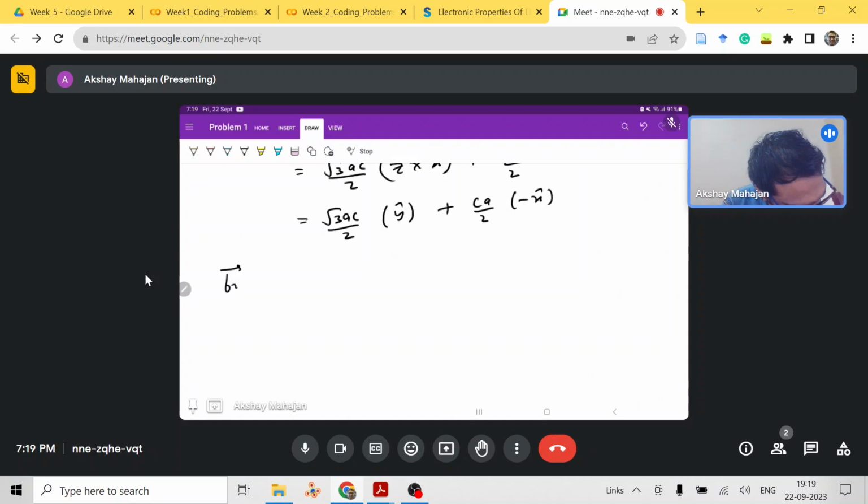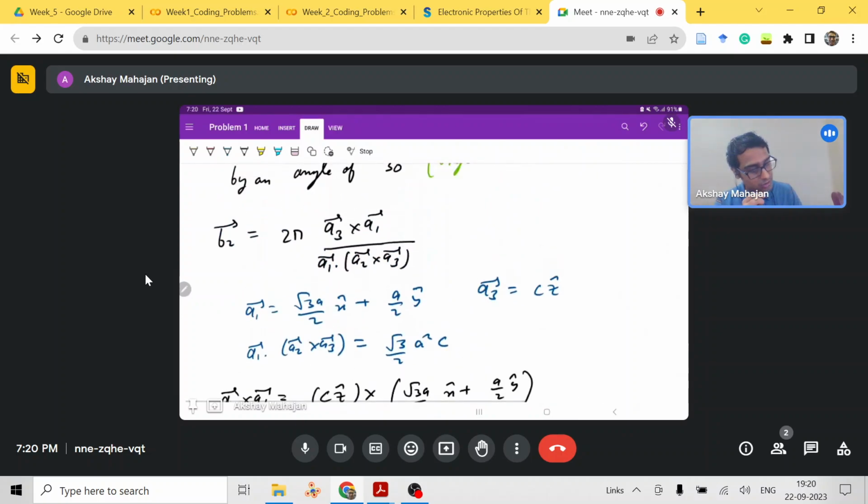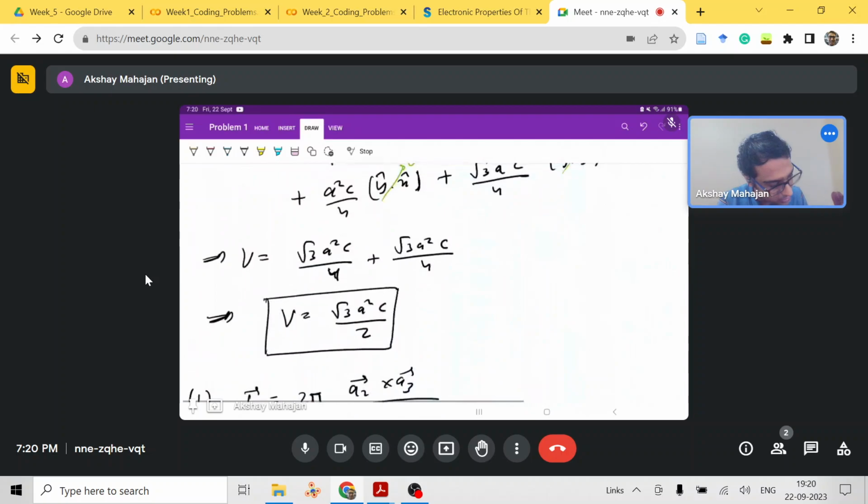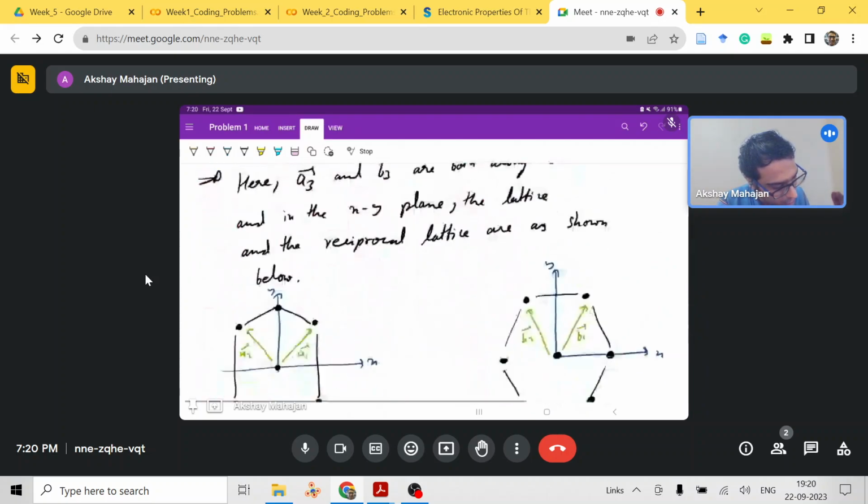And thus my b2 vector will be equal to minus ca by 2 x cap plus root 3 ac by 2 y cap, and we have to divide by a1 vector dot a2 vector cross a3 vector, which we know is root 3 a square c by 2.